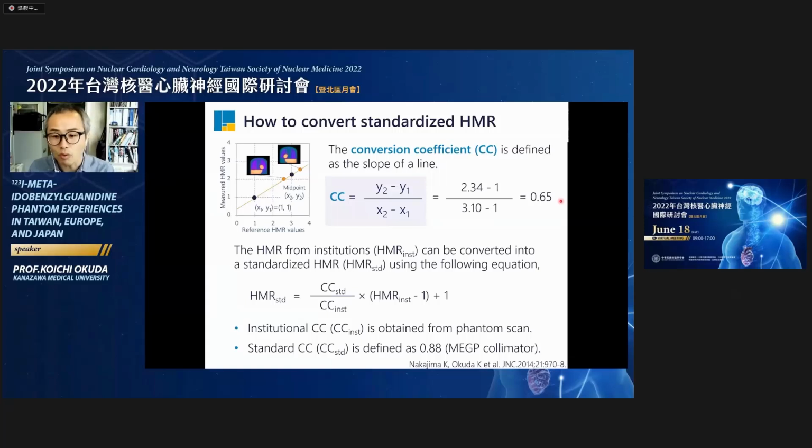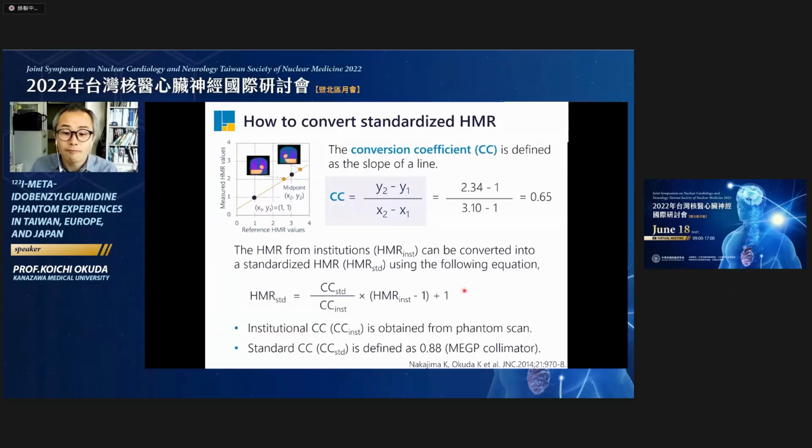Next, how to convert to standardized HMR? The HMR from institutions, HMR INST, can be converted into a standardized HMR STD using the following equation. HMR STD is equal to conversion coefficient STD divided by INST times HMR INST minus 1, plus 1.